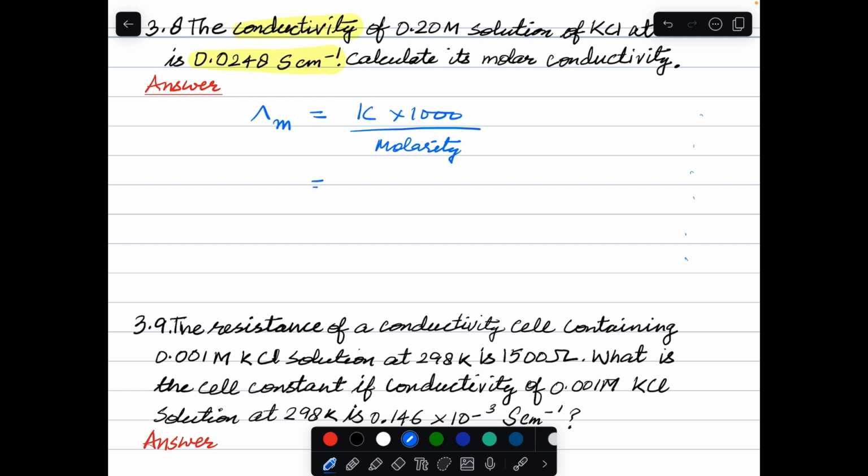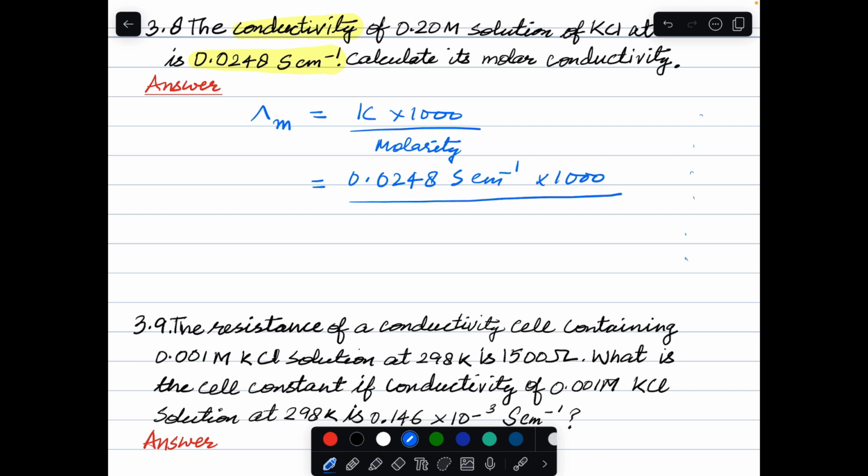So the first value which is given to us is 0.0248 Siemens per centimeter multiplied by 1000 divided by the value of molarity that is given to us.